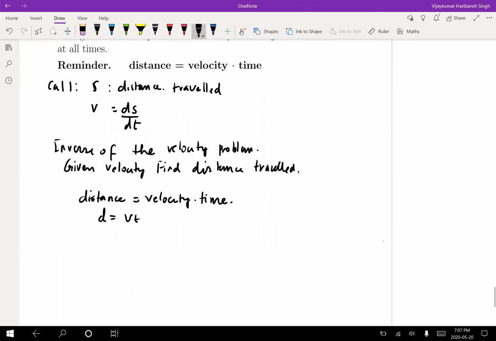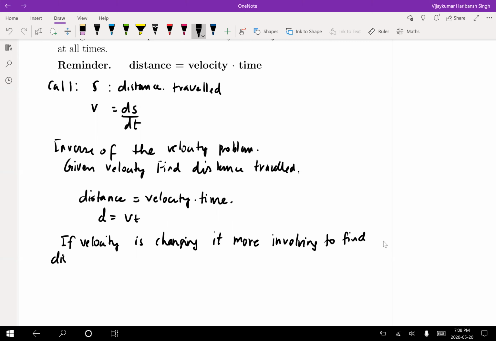However, if the velocity is changing, it is more tedious, it is more involving to find distance traveled.